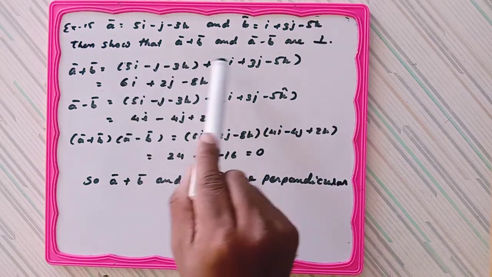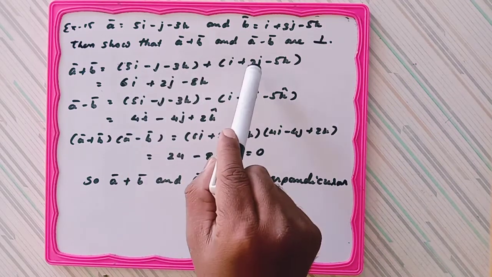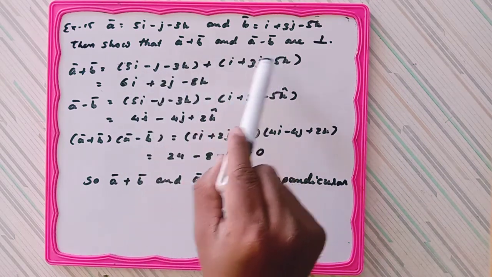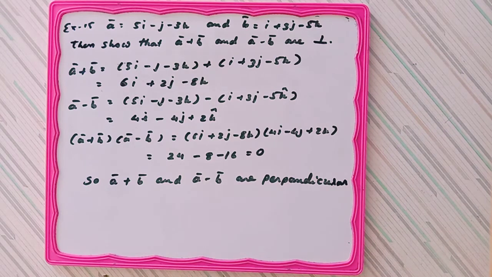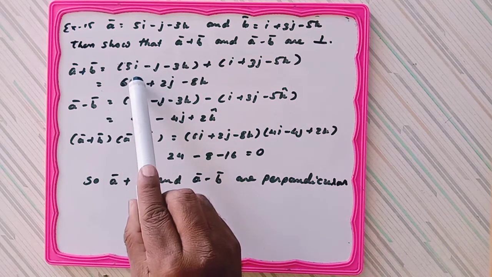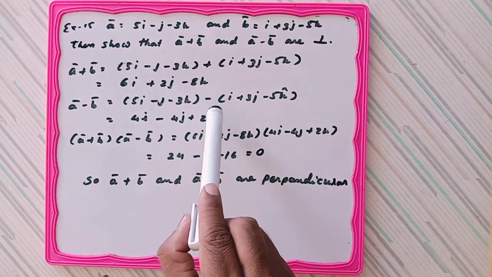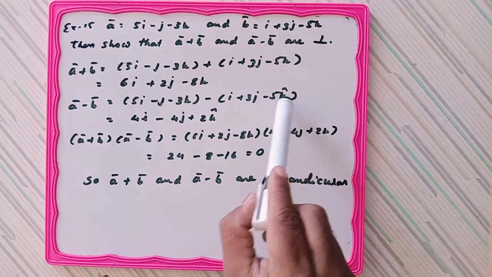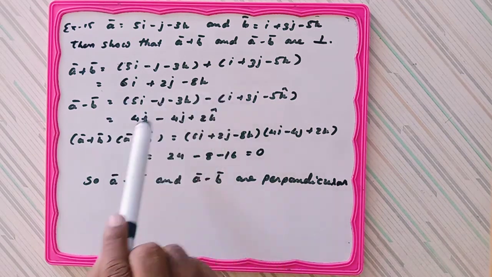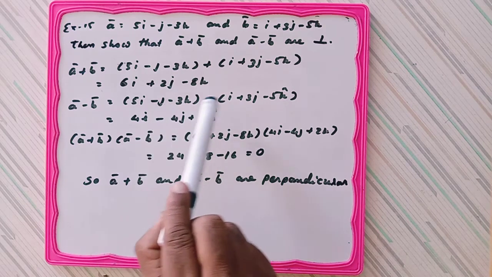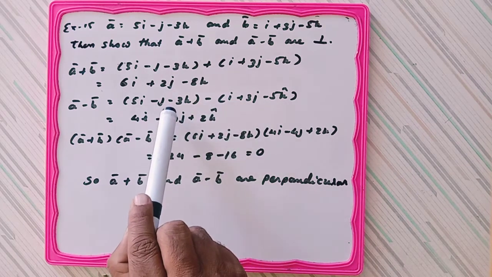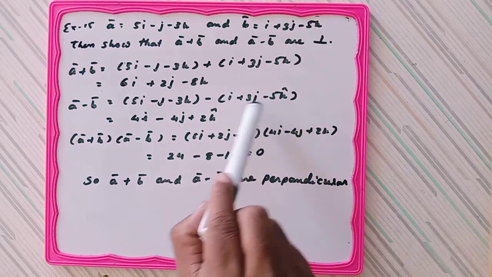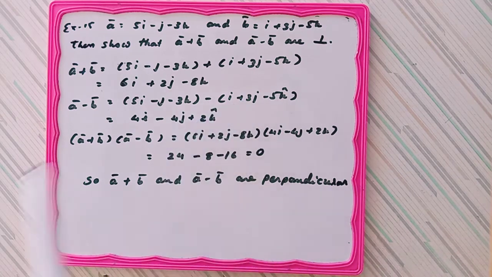So 5 plus 1 is 6, minus 1 plus 3 is 2, minus 3 minus 5 is minus 8k. Now we find a bar minus b bar: 5i minus j minus 3k minus (i plus 3j minus 5k). So 5 minus 1 is 4, minus 1 minus 3 is minus 4, minus 3 plus 5 is 2.